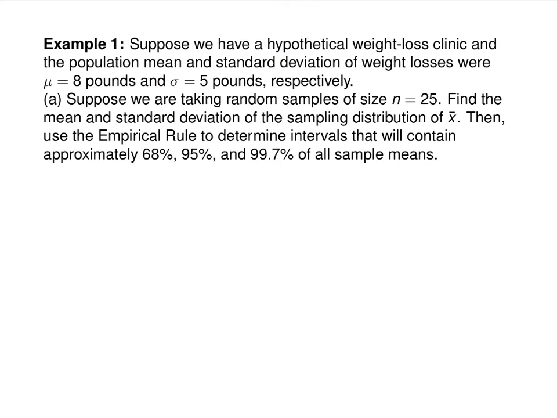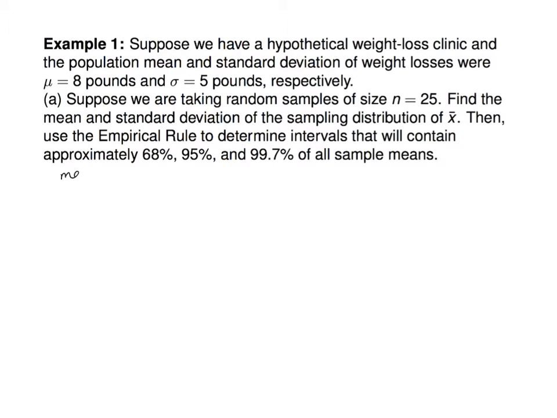So suppose we have a hypothetical weight loss clinic, and the population mean and standard deviation of weight losses at that clinic were 8 pounds for the mean and 5 pounds for the standard deviation. So suppose we're taking random samples of 25. Find the mean and standard deviation of the sampling distribution of x bar, and then use the empirical rule to determine intervals that will contain about 68%, 95%, and 99.7% of all the sample means given that sample size.